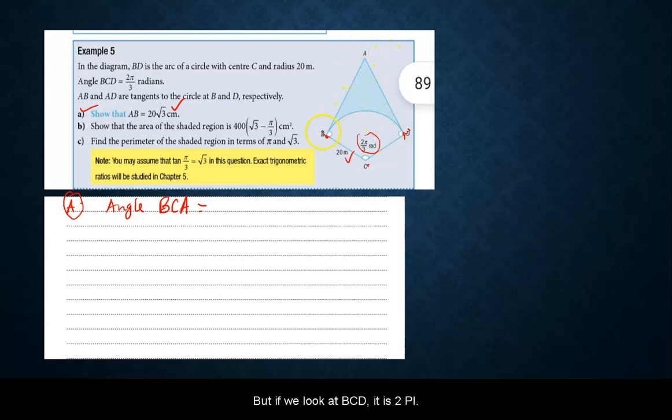If we look at BCD, it is 2 pi over 3. So if this is 2 pi over 3, BCA is nothing but pi over 3. By the rules of trigonometry, if you look at this shape, this is tan, which is opposite over adjacent.